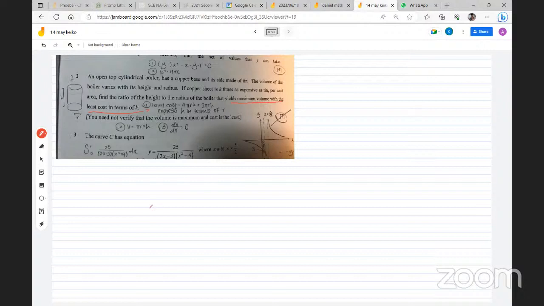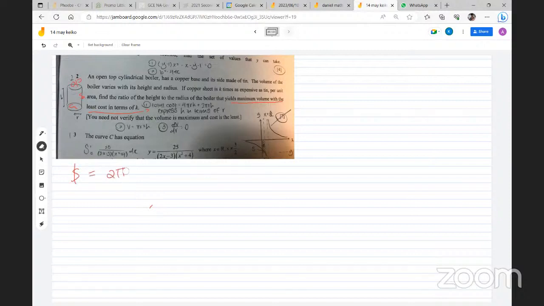The base is copper, right? This is open, and this is thin, right? So the cost will be the dollar will be 2 pi.